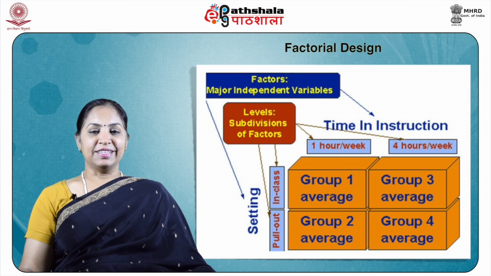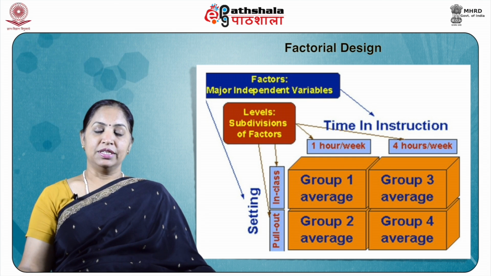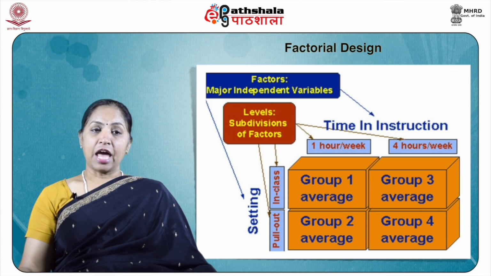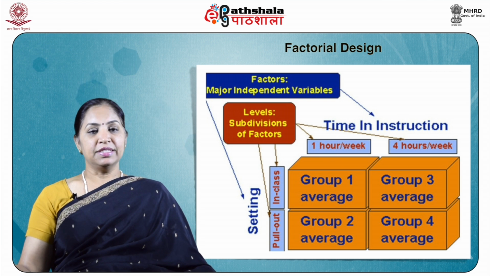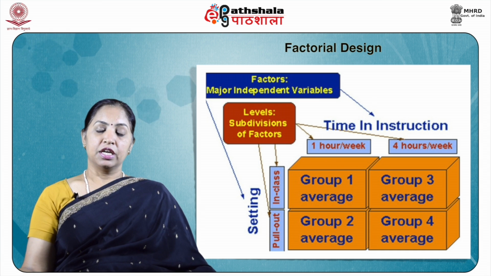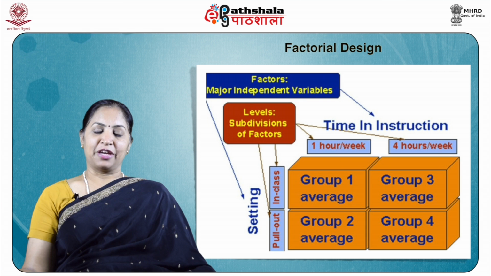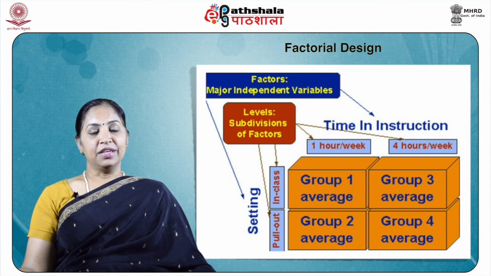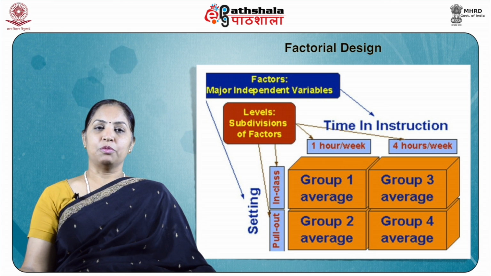If the number of factors increases, see, if there were 3 factors involved, that is, we have time, setting and another third factor, maybe like the language, then it would have been A, B and C. The number of levels of language, that is the languages involved, we may have English, Hindi, Sanskrit, Marathi, 4 levels of language, then the design could have been called a 2 into 3 into 4 factorial design. 2 for the time factor, 3 for the setup, that is inside the classroom, inside the laboratory and outside in the open, and then the third factor represented by 4 represents the 4 levels of the languages that we just discussed.